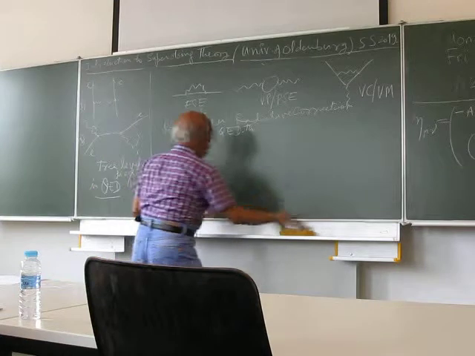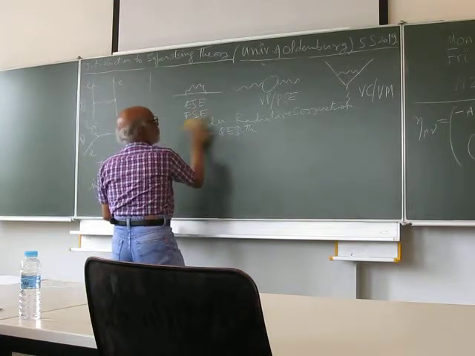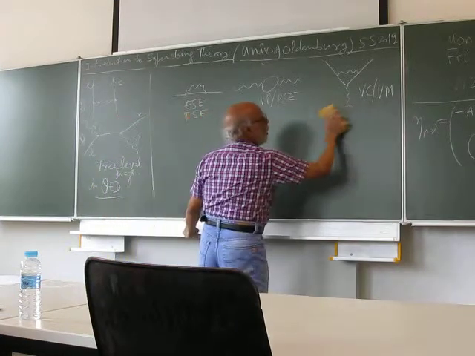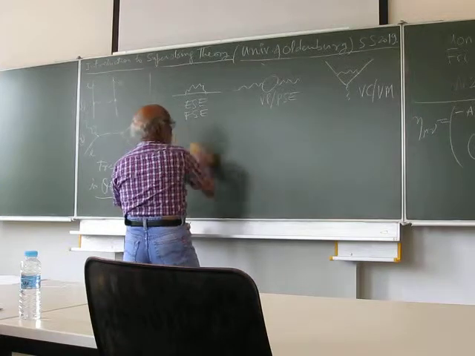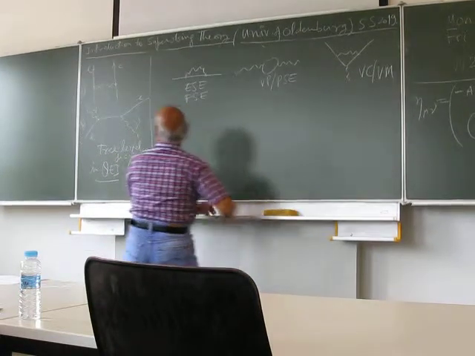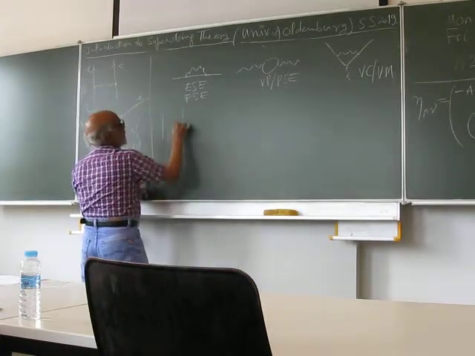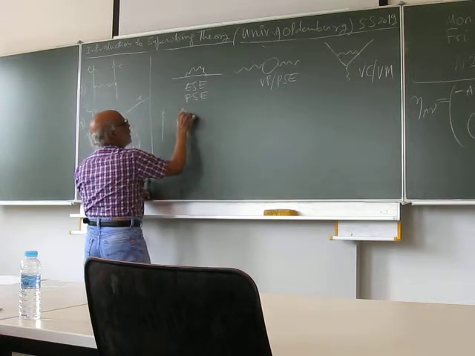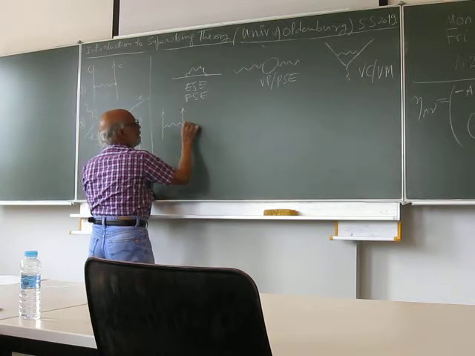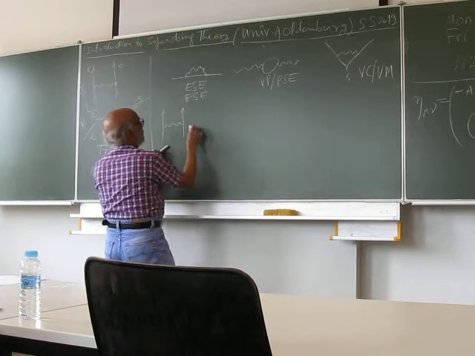So let me make a space for this. In the electron scattering, this is the tree level diagram.